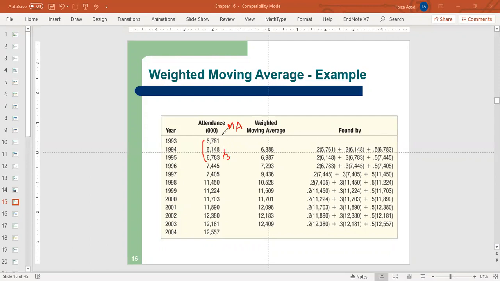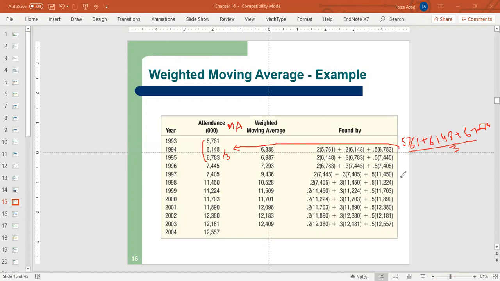So if I write down here 5,761 plus 6,148 plus 6,783. Add up these three values and divide by 3. So we will get the first value of moving average.